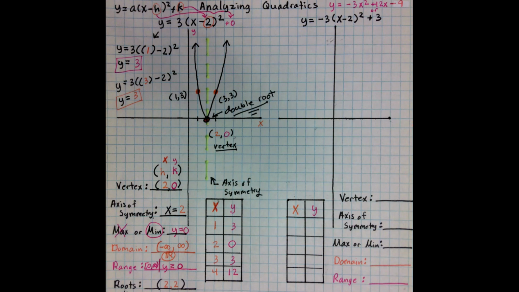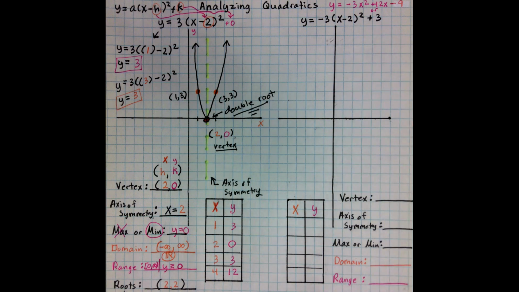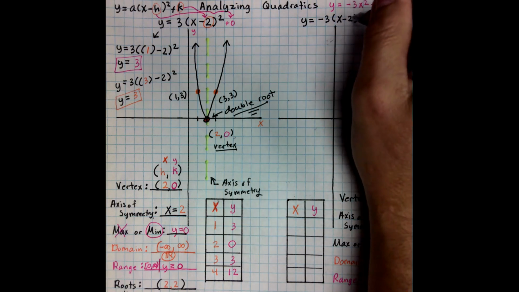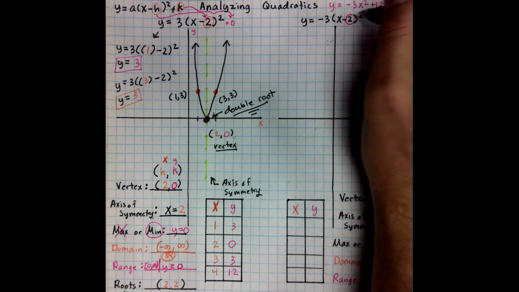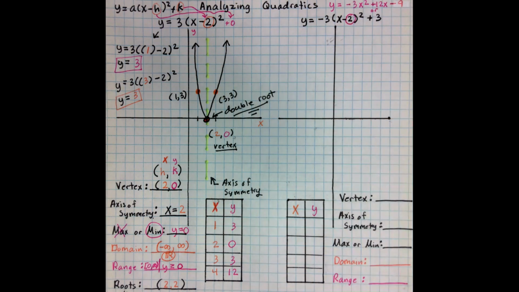Alright, so let's look at this next one. On this next one here, I wrote it in standard form and I have it in vertex form. But I'm going to go ahead and use the vertex form because I feel like it's more useful, because I can find my vertex very quickly by looking at it. Notice right here, I'm going to circle that value. That is my x value in my vertex. So it's going to be a 2.